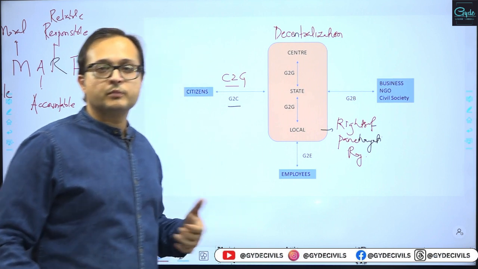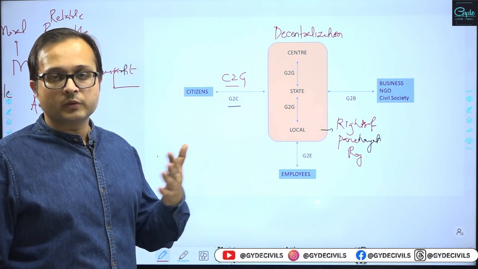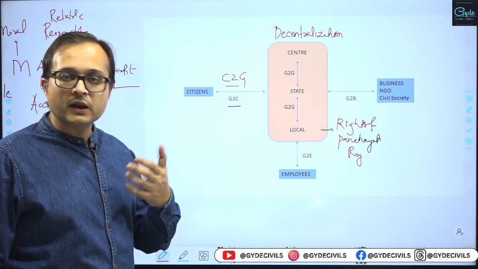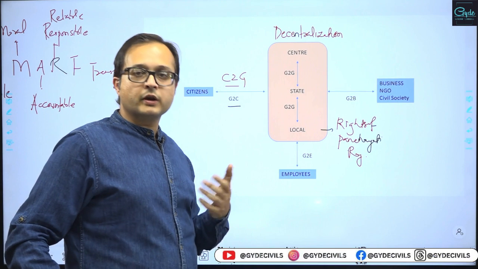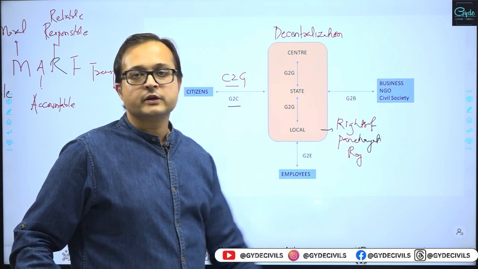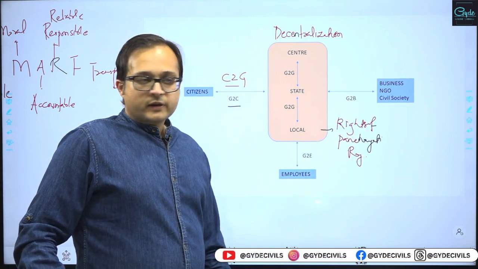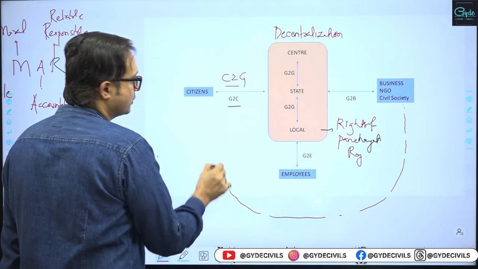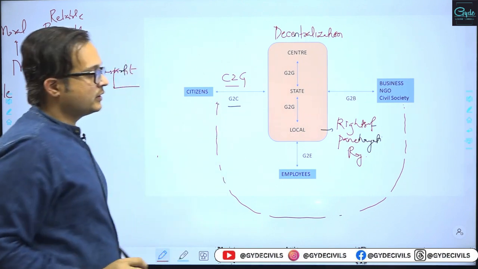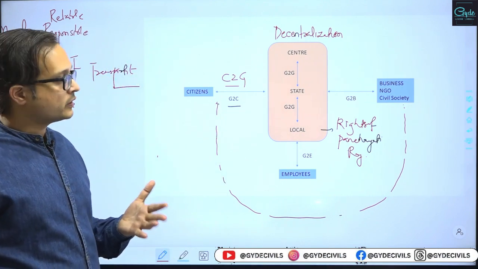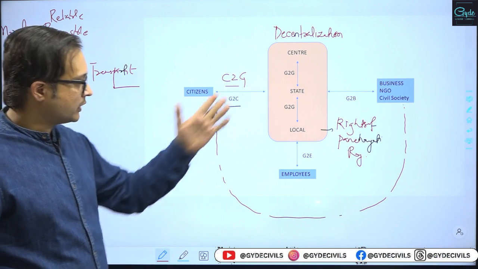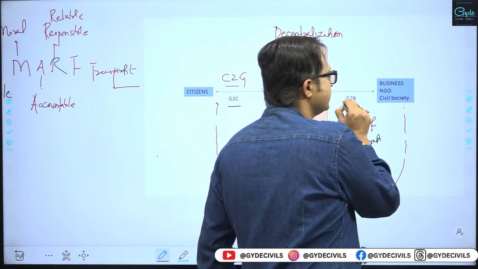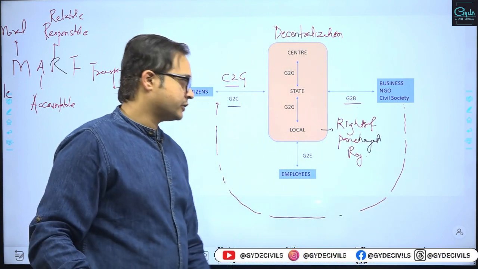So that their works can be improvised, or they can also be empowered, or the hurdles, or in any form of policy which is to be implemented, or in any form of the benefits which can be gained by these, that can be improvised. Ultimately, this will in fact provide the benefits to the citizen only, the indirect benefits to the citizen. Now there could be direct benefits, or there could be indirect benefits to the citizens that can be provided. That becomes G2B, government to business interface, which is created.